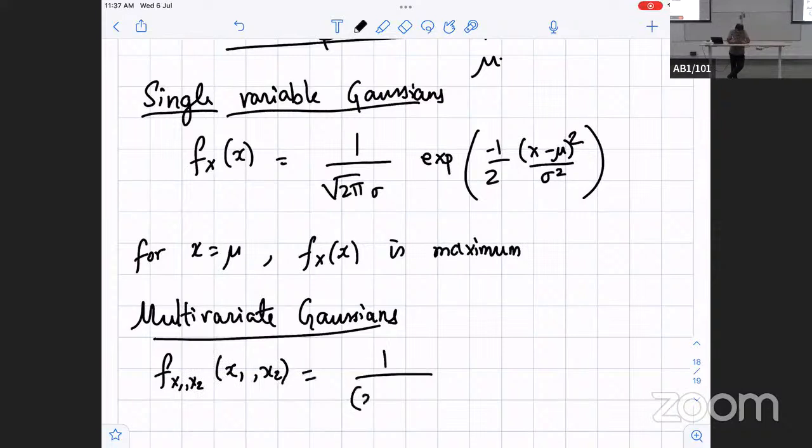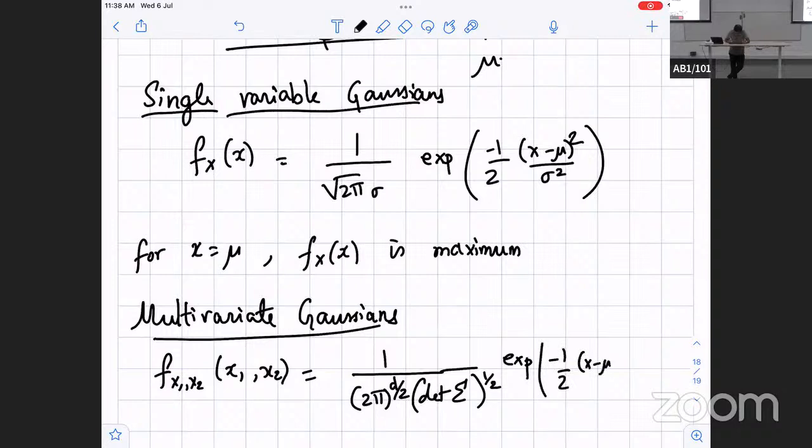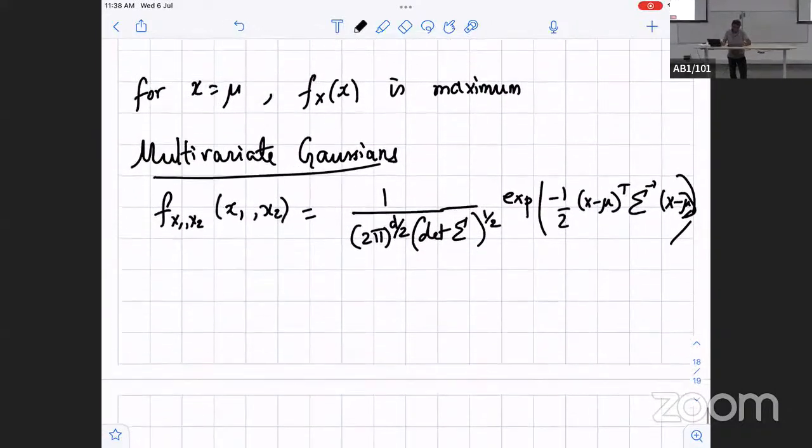The value is 1 over 2 pi to the power d by 2, determinant of sigma to the power of half, e to the power minus half (x minus mu) transpose sigma inverse (x minus mu). I will explain this in detail.